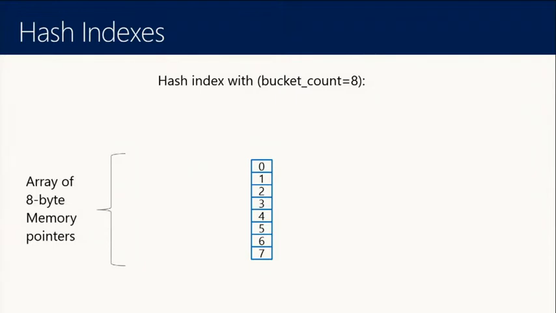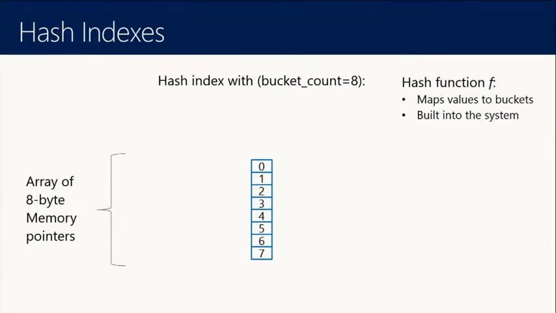At slot 0, there's a memory pointer. At slot 1, there's a memory pointer, etc. And then SQL Server has a hash function built in. This is a random function, but it always maps the same value to the same slot. So it maps index key values to slots in the slot array.